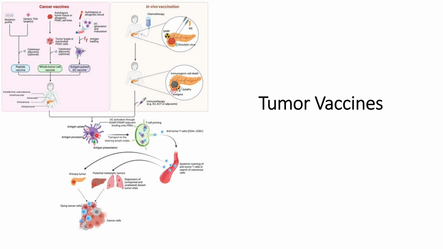these antigen-presenting cells will help in T cell priming, and this T cell priming leads to the generation of T cells that can target the tumor cells that have the antigens, information that has been provided by the antigen-presenting cells.